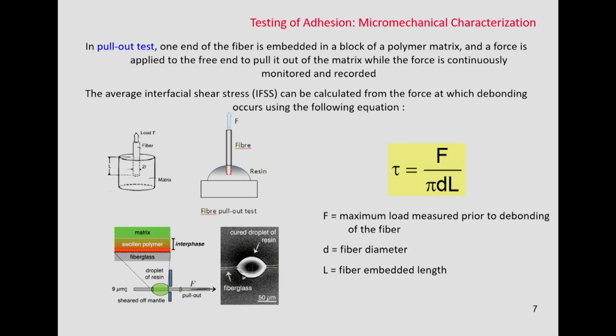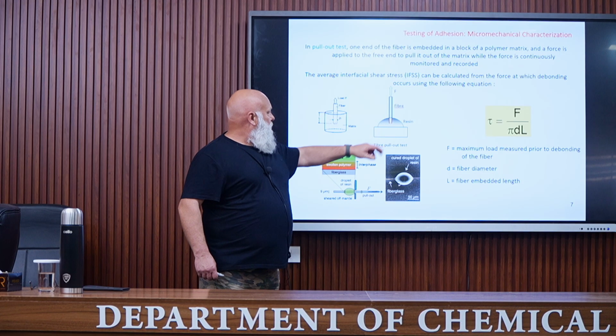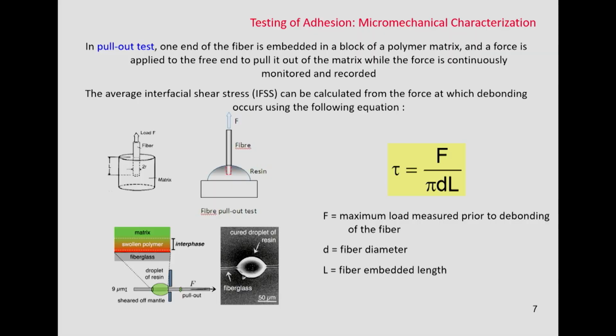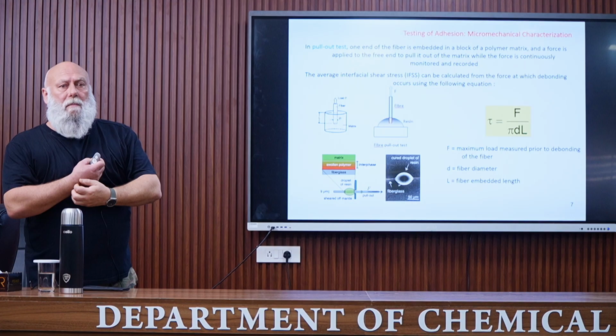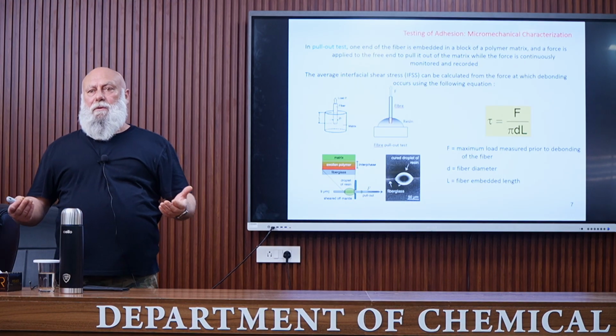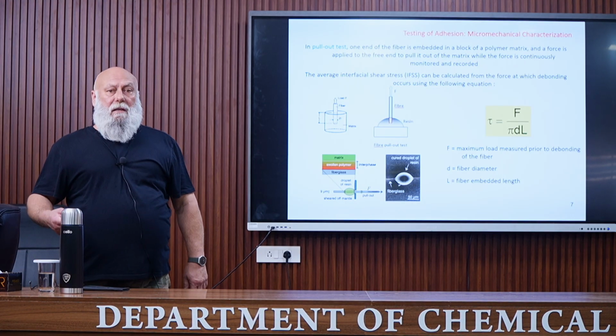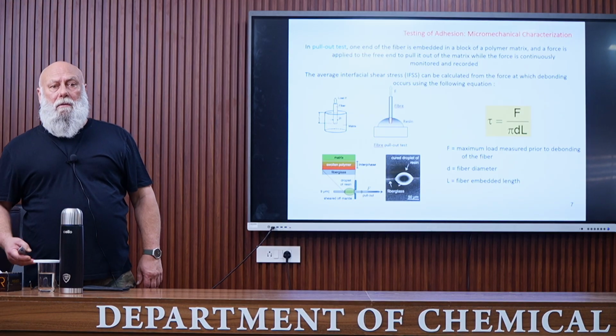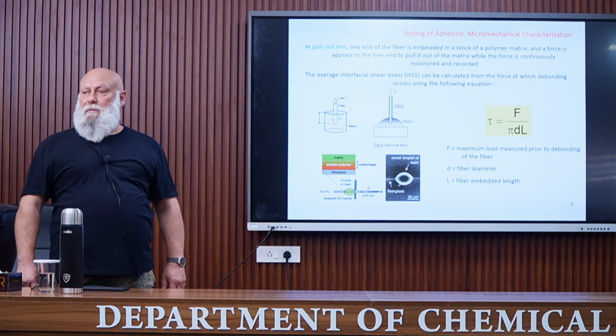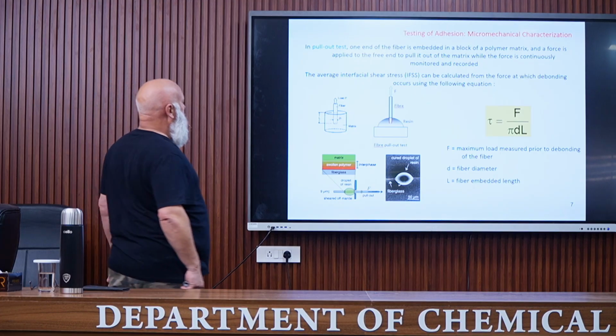continually monitored and recorded. You can see here one end of the fiber, which is embedded in the matrix. A force is applied, and the objective is to extract the fiber. And of course, you can imagine that if the adhesion is good, the force to extract the fiber should be higher.